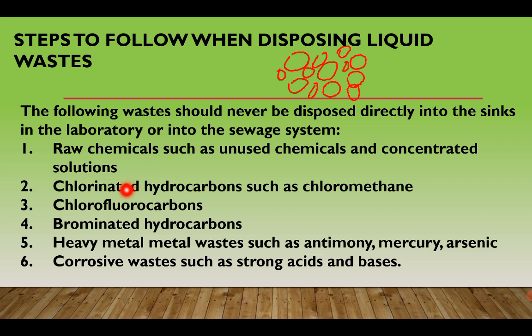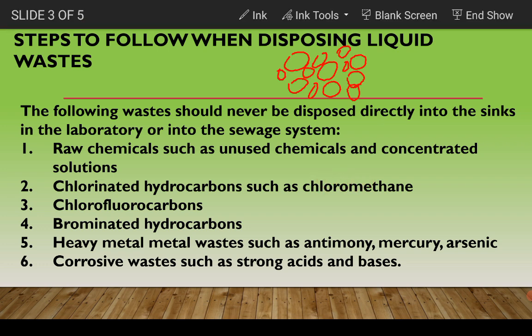Another type of waste which should never be disposed of into sinks or into sewage systems is chlorinated hydrocarbons such as chloromethane. We have different types of chloromethanes. There is monochloromethane, which has only one chlorine.